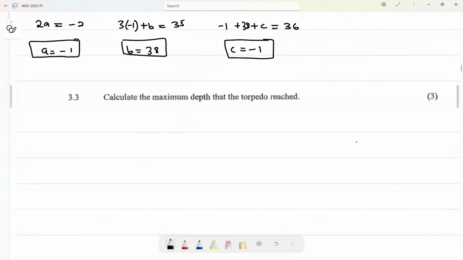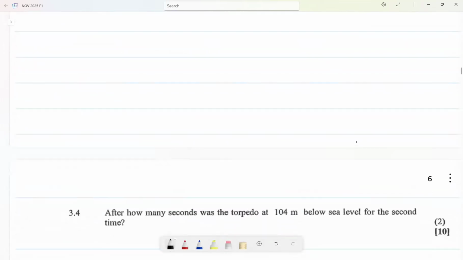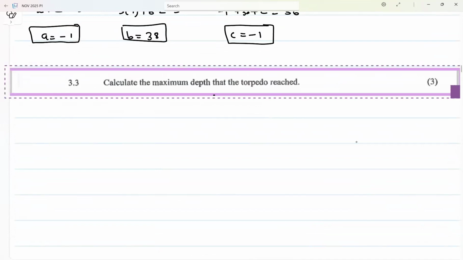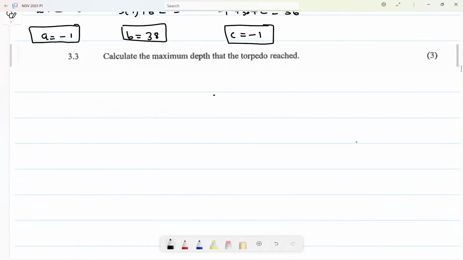And then calculate the maximum depth that the torpedo reached. Remember, every time they say maximum, this forms a quadratic pattern.